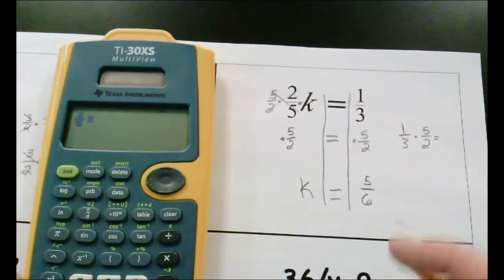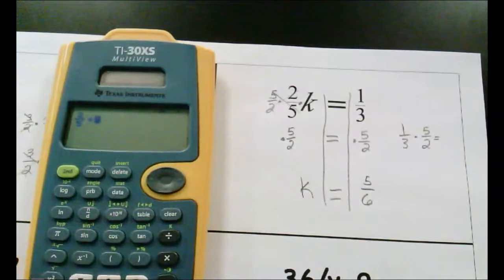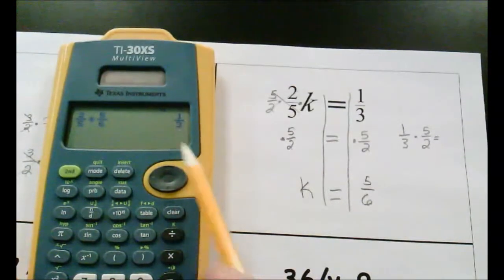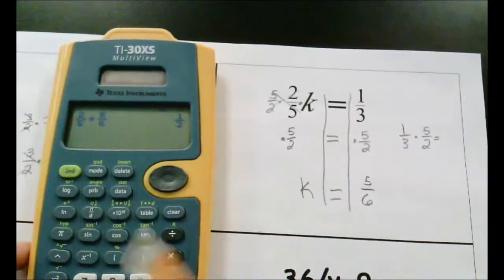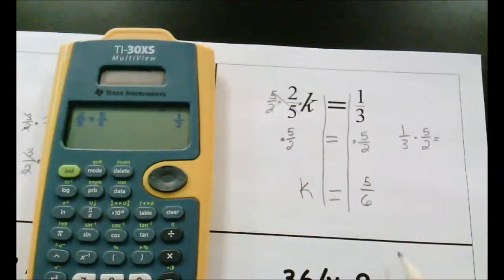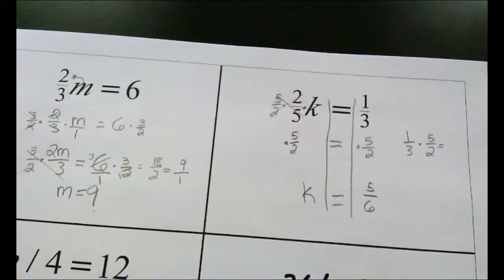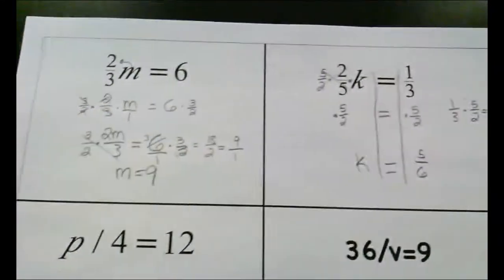Knowing that k is 5/6, I can type in times another fraction, 5/6, and we equal 1/3. So hopefully students with calculators are able to start seeing how I can plug my answers back in and check my work. We're really starting to move towards more of that algebraic reasoning.